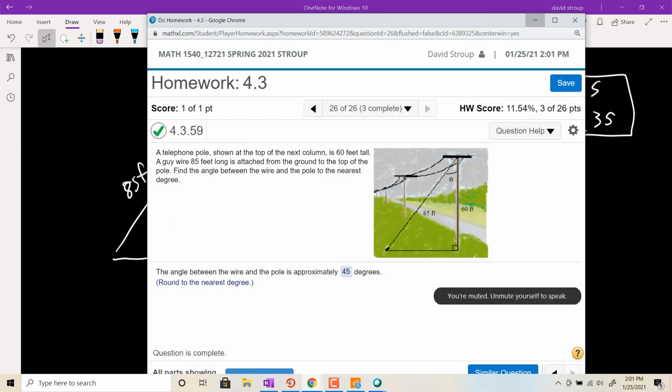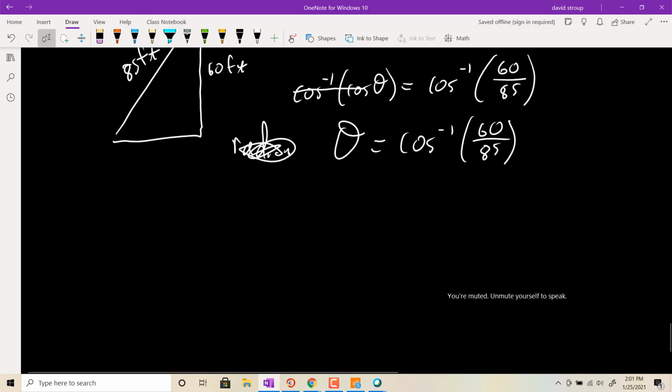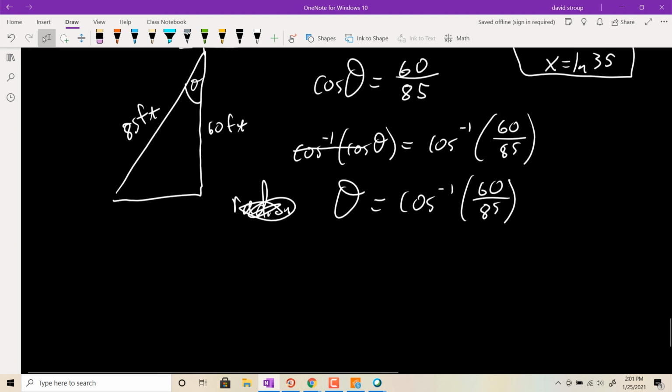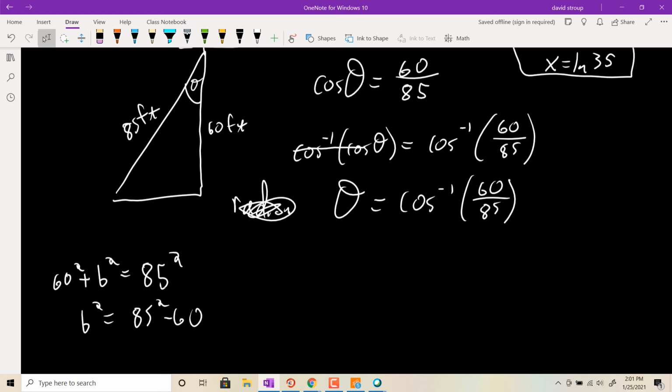Okay, so other ways you could have done that was to get to the third side and then use tangents. So 60 squared plus b squared equals 85 squared. So b squared equals 85 squared minus 60 squared, and then take the square root on both sides.